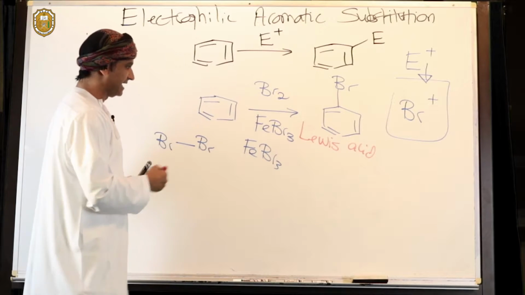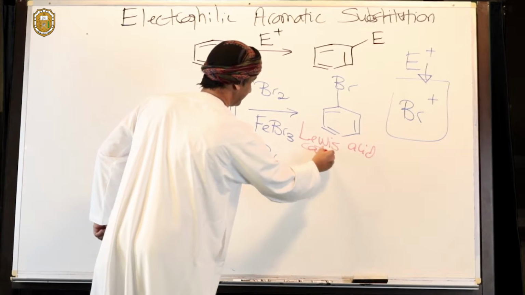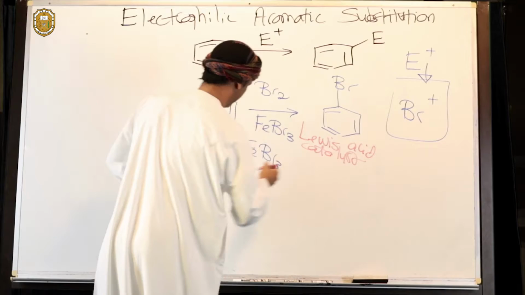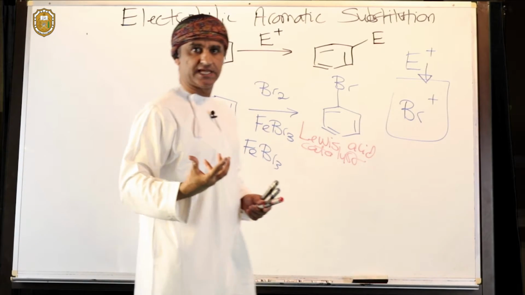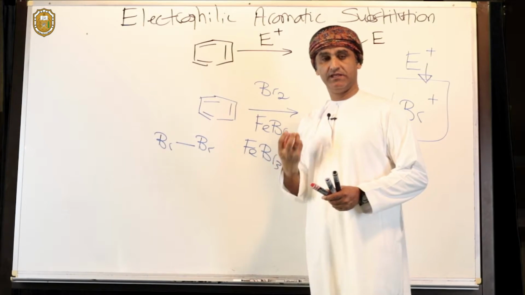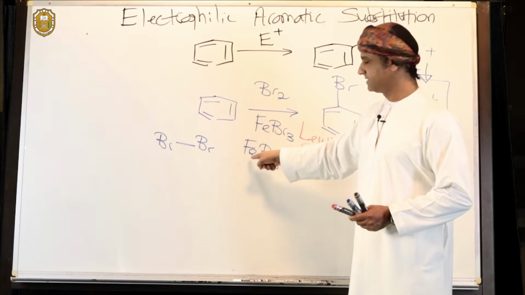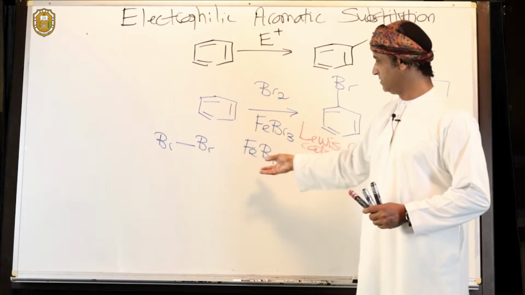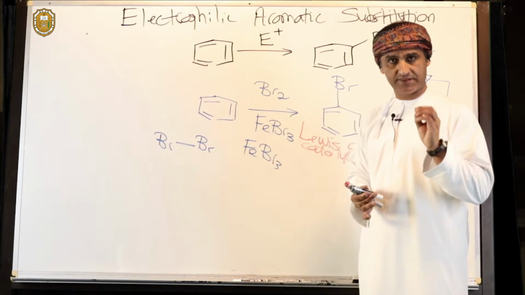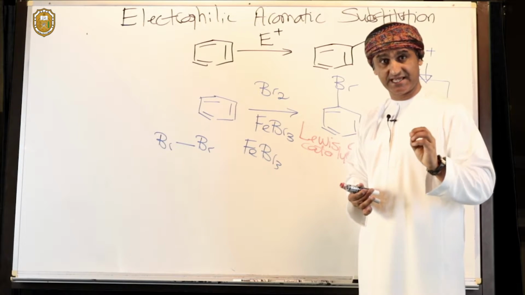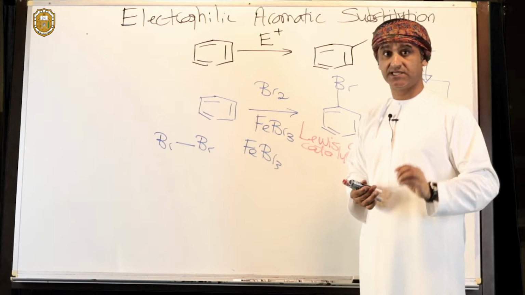It's a Lewis acid catalyst, of course. Now, if it's a Lewis acid by definition, then it should accept a lone pair. And of course, this is the Lewis acidic center. It's iron, actually, not bromine. It is the iron center that accepts a lone pair, and thus it's a Lewis acid.